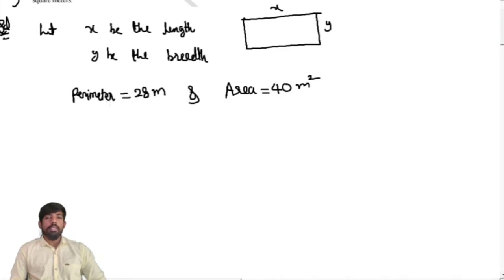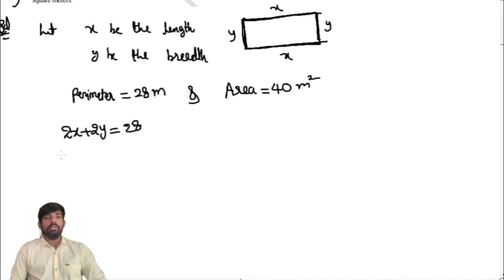Now, what is the perimeter of this rectangle? Remember, here one side is x, this is also x, this is y, and this is also y. So x plus x, y plus y. The perimeter formula is 2x plus 2y. Here on the x side we have 2 times x, on the y side we have 2 times y, addition of those two sides. 2x plus 2y is equal to 28.